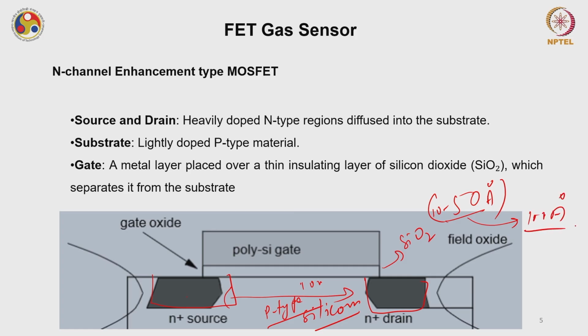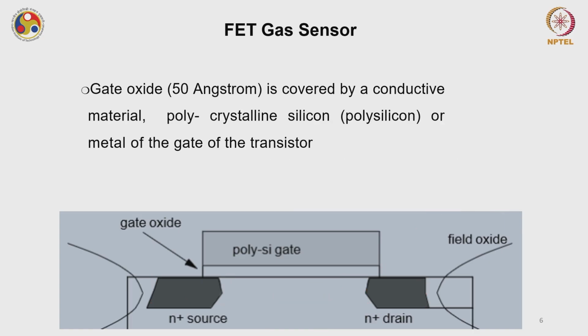So the gate oxide is usually very thin, and it is covered by a conducting material, mostly polycrystalline silicon or sometimes metal.